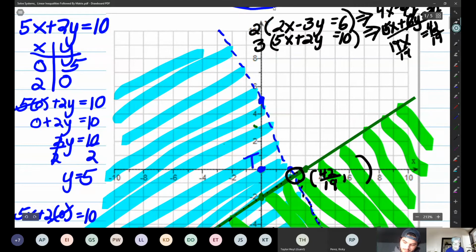So I'm going to have to do what I first didn't really want to do, and that is multiply 2x minus 3y equals 6 by 5. You'll see why. And 5x plus 2y equals 10. I will multiply by -2.